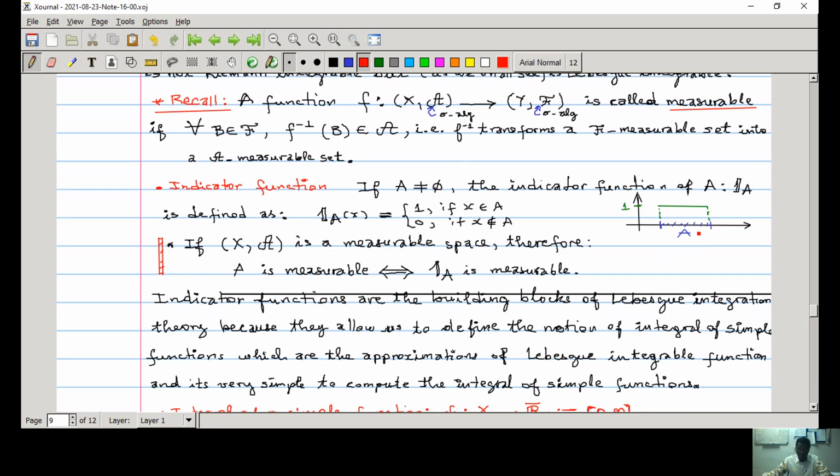It will be the length of this, or the volume of the, in fact, we call it the measure, because we might be in 1 dimension or 3 dimensions or whatsoever. So regardless of the dimension of the space in which A lies, because this A can be a volume, it can be anything, you measure this, so that will be the measure of A times this height, which is 1. So that integral is just the measure of A.